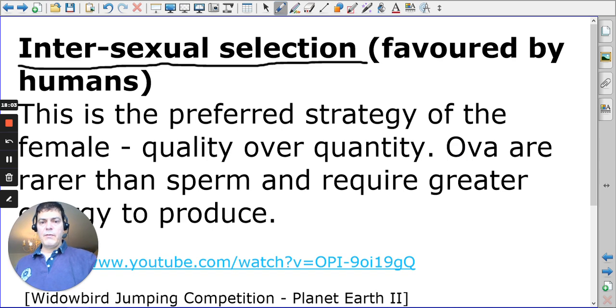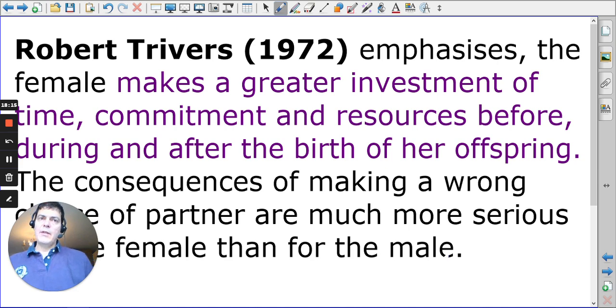There's a wonderful video on Planet Earth where this widow bird is jumping to prove that he is better than the other males. And if you are better than the other males, the females then select you. Rather than the previous contrast, where you won, and therefore you took, in this context you get selected.